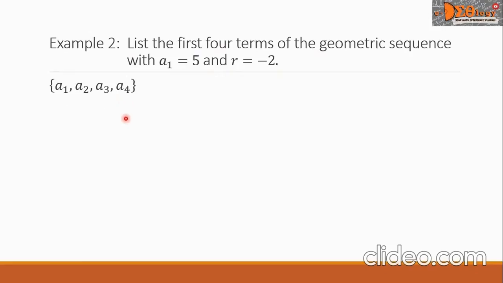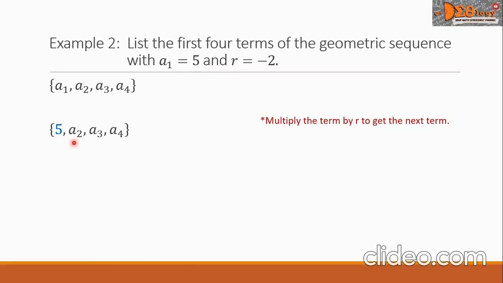Now, for our answer, the first term as 5 is now listed in here. For us to find the next term, or the a sub 2, we will multiply the term by r, or the common ratio, to get the next term.